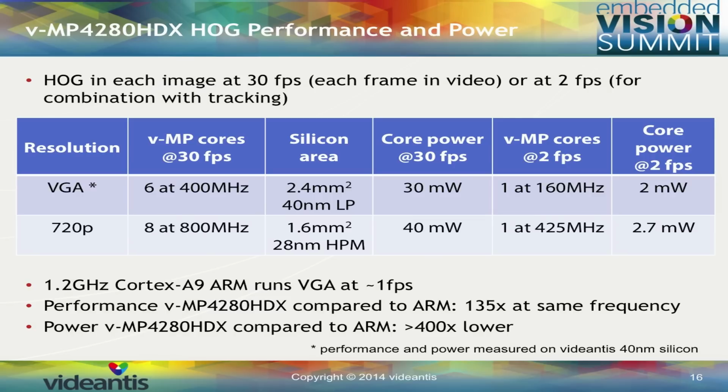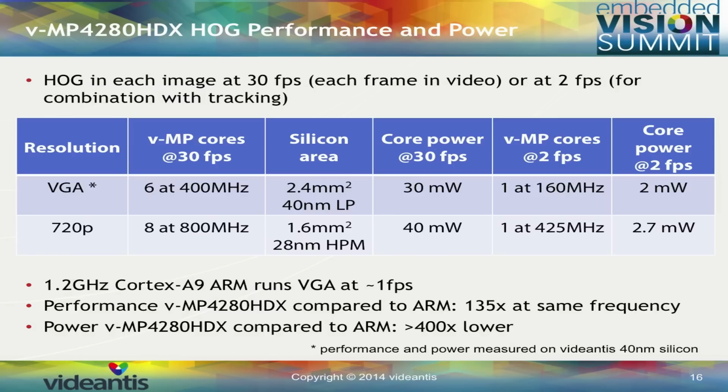That's in a 40 nanometer process, and it consumes about 30 milliwatts. So here we see it's really low power. And if you do this trick of only doing the full HOG once every 30 frames, then obviously it scales down by a factor of 30. So then HOG goes down to roughly 2 milliwatts, or you can do that on one core.